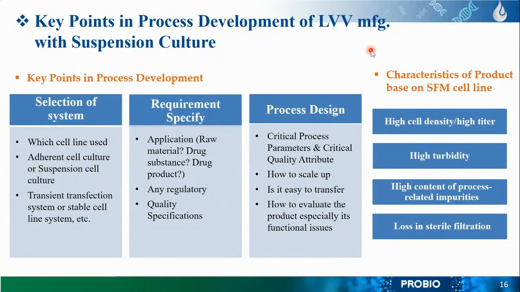What will be the ratio for the transfection? Do you want to use a stable cell line, or which cell line do you want to use? And then there are the requirements, specifically for the raw material and other products, or regulatory and quality, when it comes to different materials.